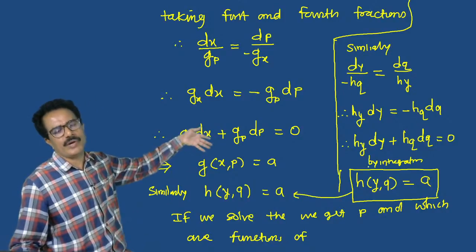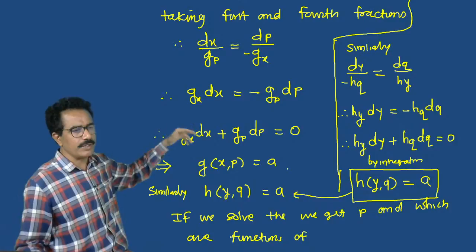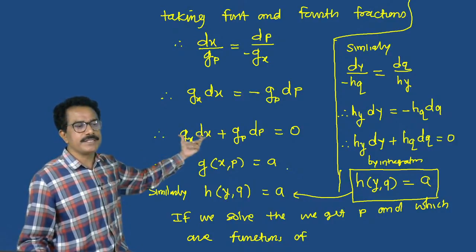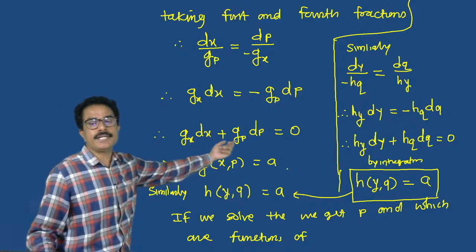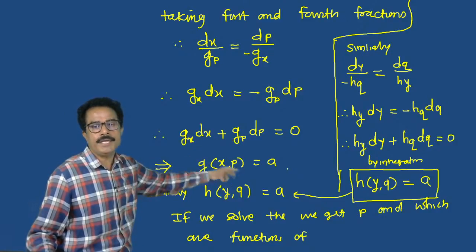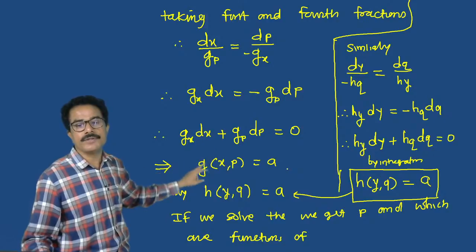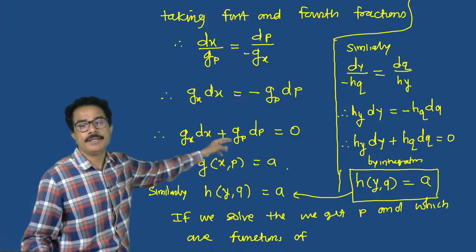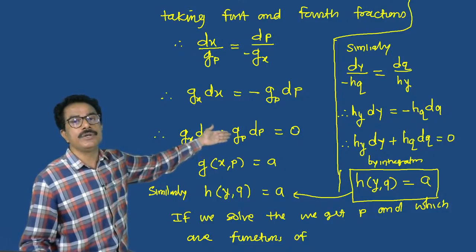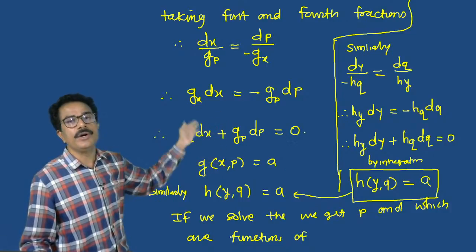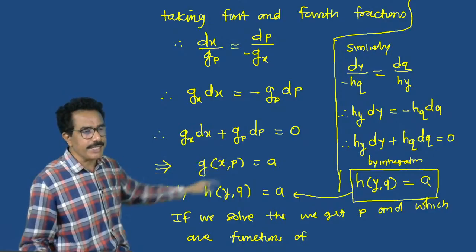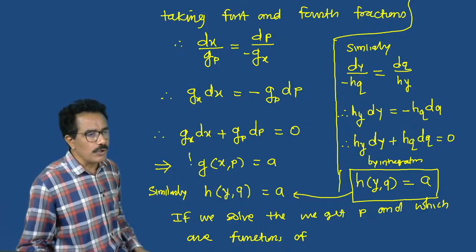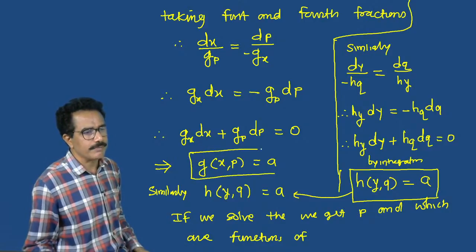As like integration of this function, integration of first term is in terms of x, integration of second term is in terms of p, so left side will be the function g of x comma p. On the right side there is a 0, integration of 0 is 0 with integration constant a. So these are the two important results.